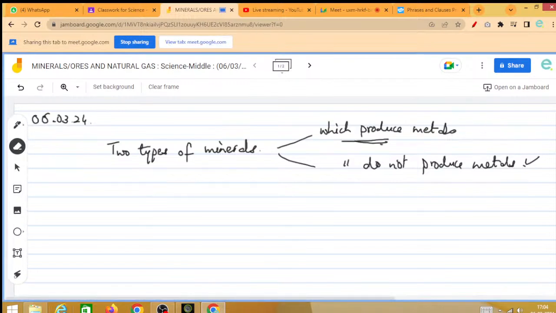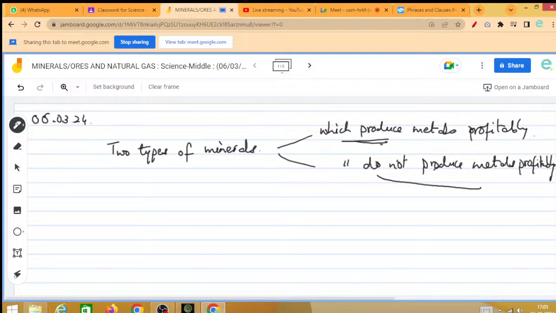What does profitably mean? Harshal, your turn. So maybe this statement is not completely correct, what I have written here. What do we mean by profitably, Harshal?